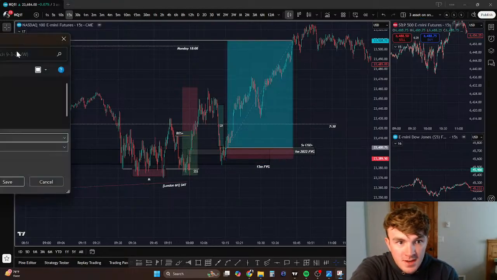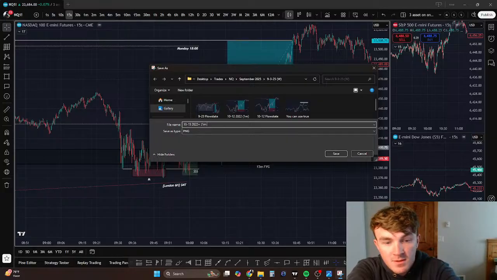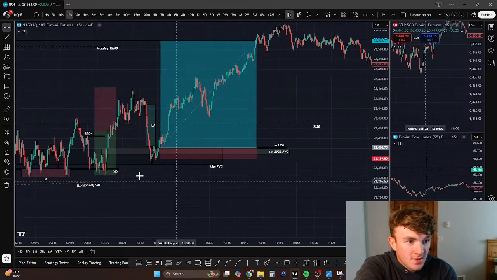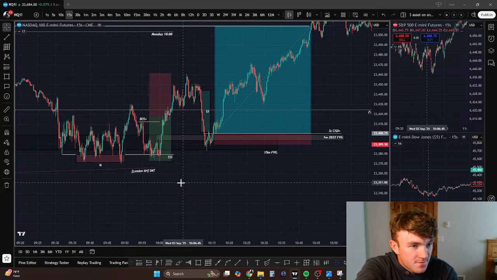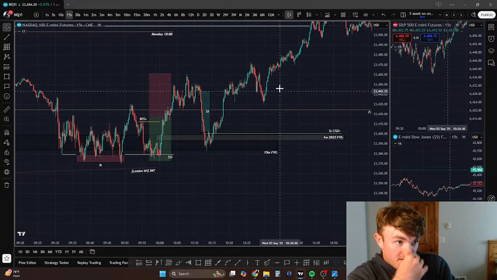Here, I'll show you guys how I'm notating this. 10-15, 2022 plus, 1 minute, 2022 gap, aligning with the 5-second. And there was SMT there too. But I'm not going to go mark that out again. We already know that.